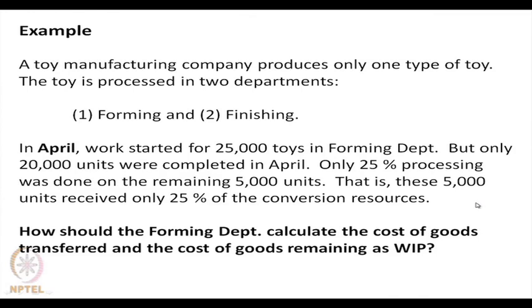Now, take a little more complicated example, where we are considering that items in the first process are not completely made and are not completely transferred to the next process. Some are semi finished or semi processed.